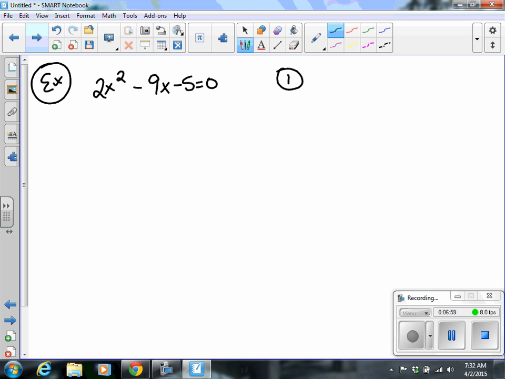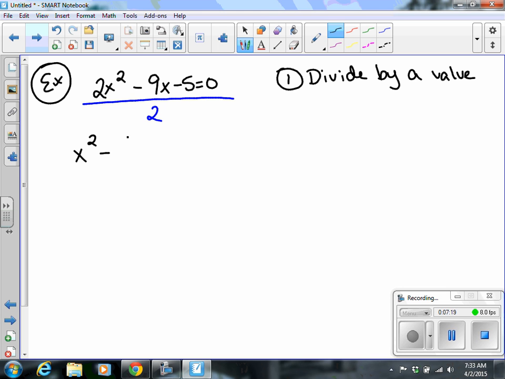So my first step is to divide by the a value. So in our case, I'm going to divide every term by 2. So my new equation is then x squared minus 9 halves x minus 5 halves equals 0.